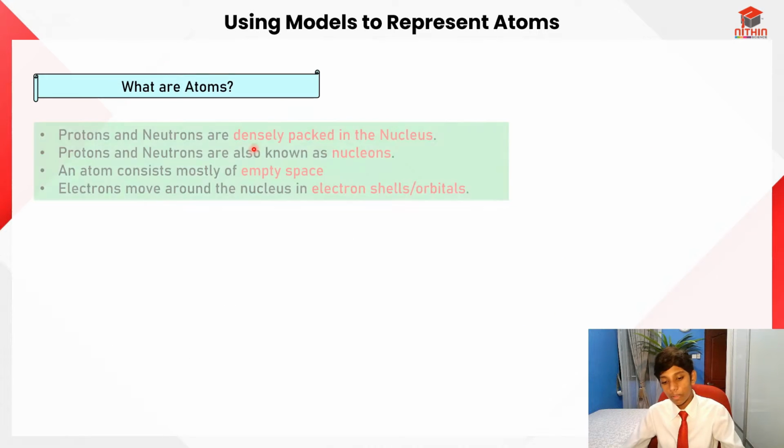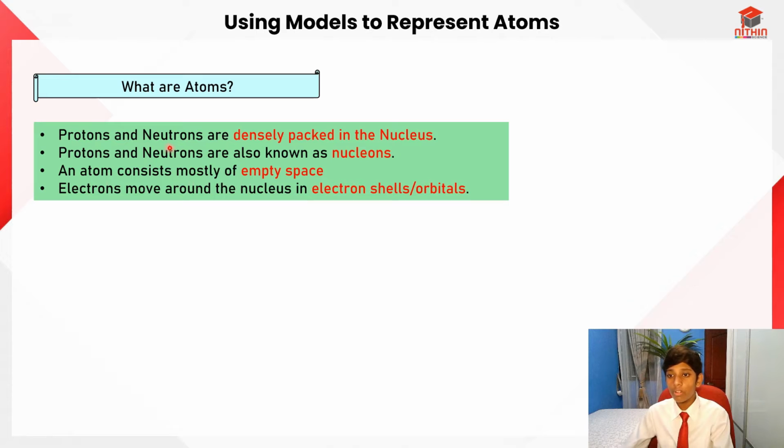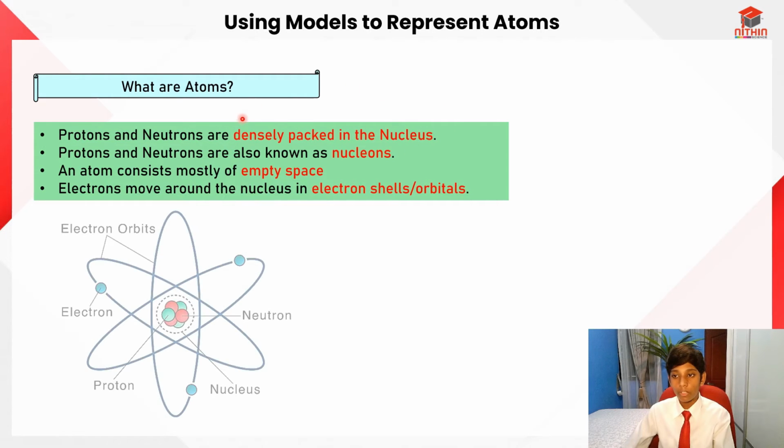Next, protons and neutrons are densely packed in the nucleus. These are some things we should take note of. The green balls are protons and the red balls are neutrons, and these are densely packed in the nucleus.